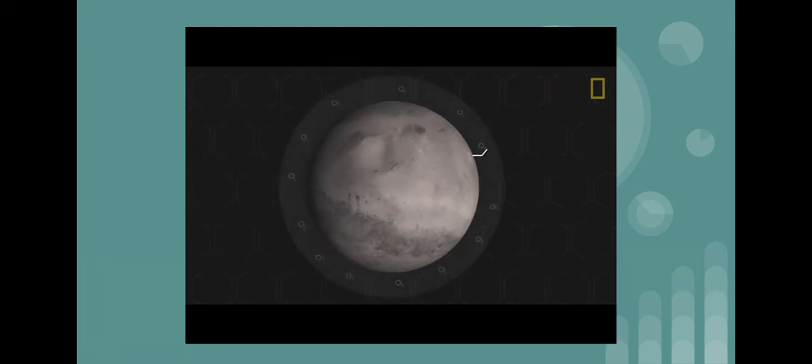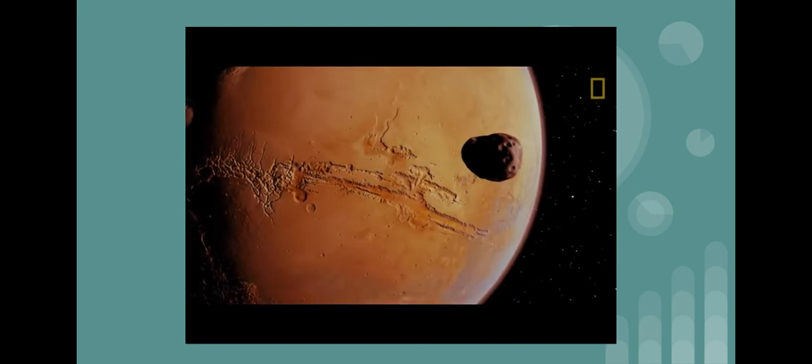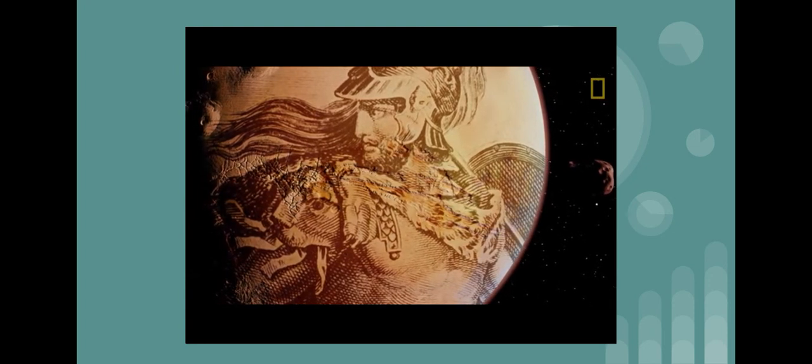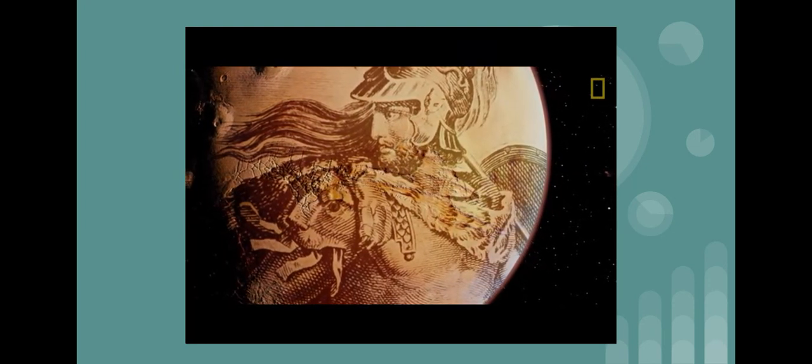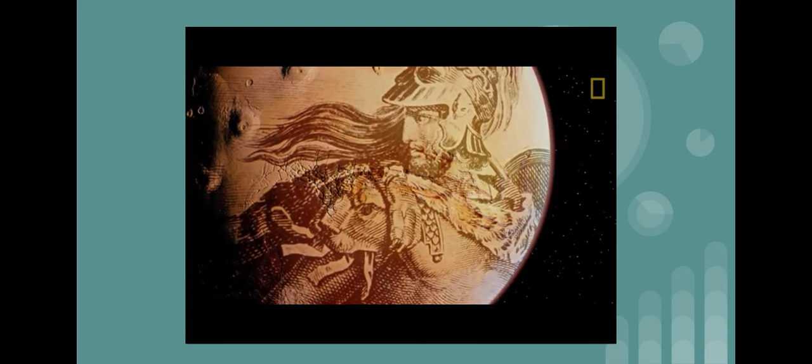These iron minerals react with the trace amounts of oxygen in Mars's atmosphere and rust, giving the planet its signature reddish hue. While its blood-like appearance inspired the ancient Romans to name Mars after their god of war, the planet's rusty color could be considered symbolic of the planet's prime days long past.